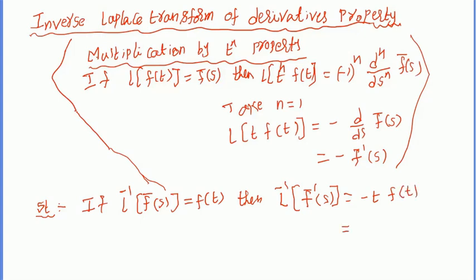Minus t into f of t is nothing but minus t into L inverse of f bar of s. So this is the statement of the inverse Laplace transform of a derivative: L inverse of f dash of s is equal to minus t into f of t, where f of t is nothing but L inverse of f bar of s.